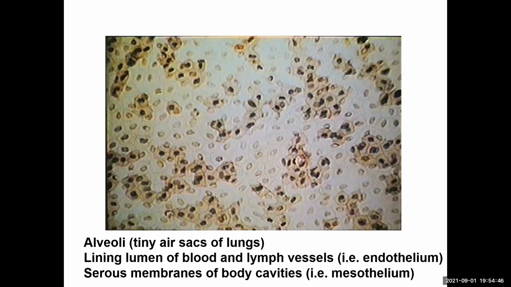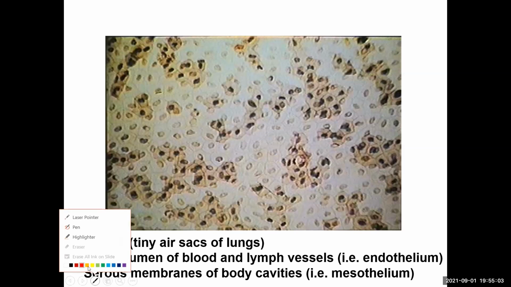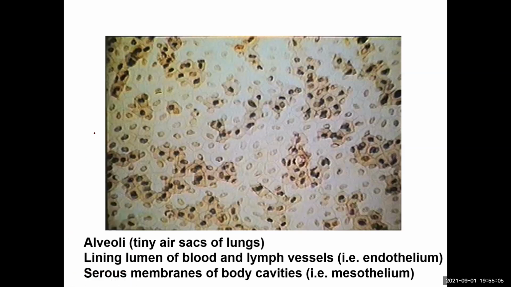Because it's simple squamous, we'll see it around the alveoli, the air sacs. We'll also see it lining the lumen. If you're not familiar with the term lumen, the lumen is the inside opening or space or cavity in a blood vessel.